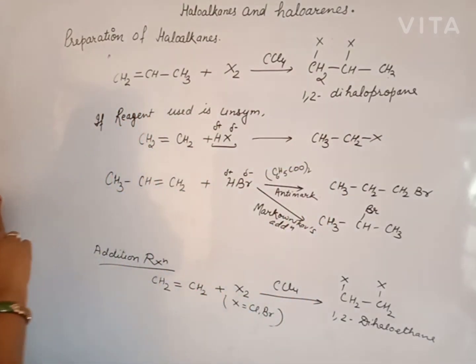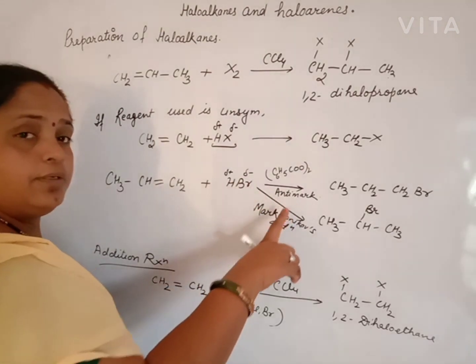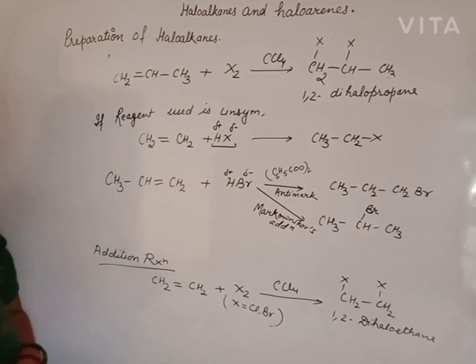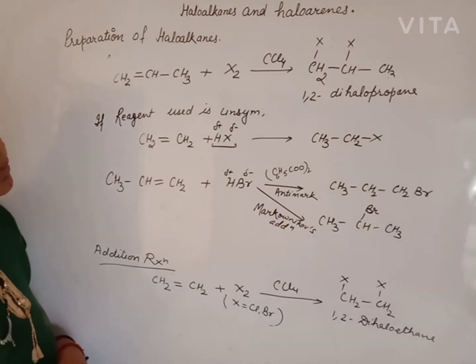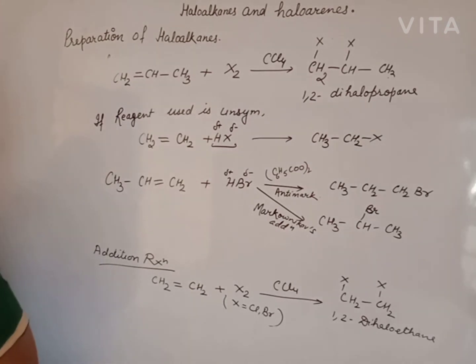So this anti-Markovnikov rule is also known as the peroxide effect. And the method of preparation of haloalkane from alkane was discussed in our last video.